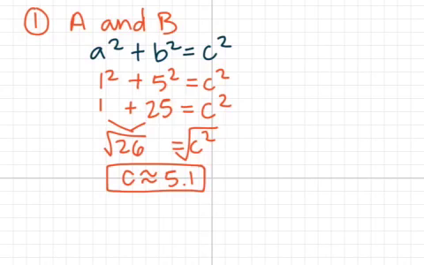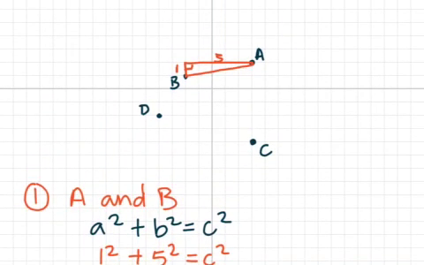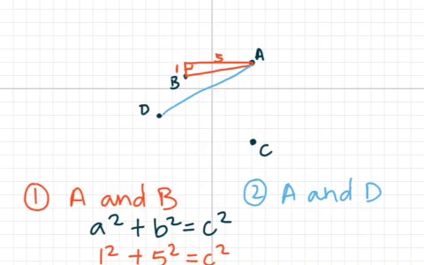So we found the pretty close to exact length between points A and B using a right triangle and the Pythagorean theorem. I could do the same thing with any other 2 points. So for example, if I wanted to find the distance from, let's say, A and D, so trying to find this diagonal distance here. Again, I'm going to create a right triangle, and to create that we can think about the driving distance that it would take for us to get from one point to the other.